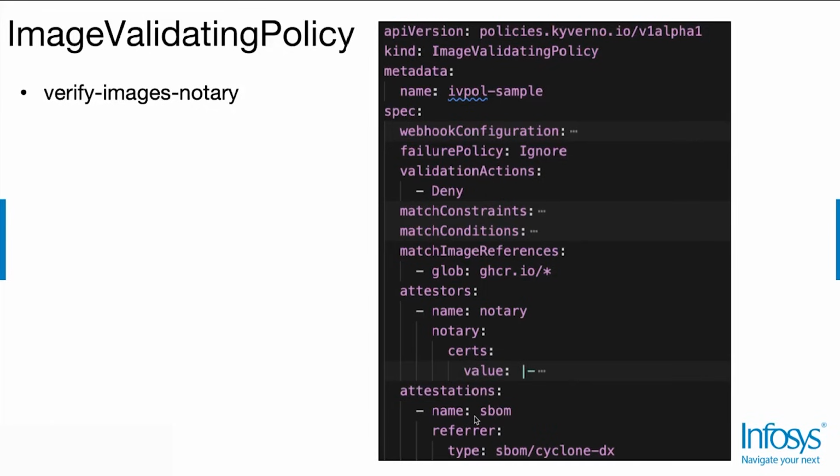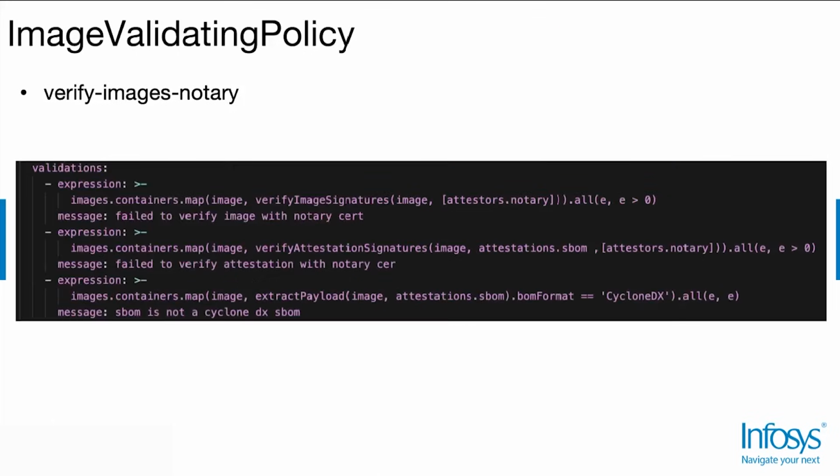Right, similarly, in the image validating policy, I'm having 3 different expressions, which means I'm checking 3 different conditions. So let's look at them one by one. The first expression, I'm iterating through all the images extracted from your incoming deployment to verify the image has the signature, which is signed by this attester notary, as I specified earlier in the policy.